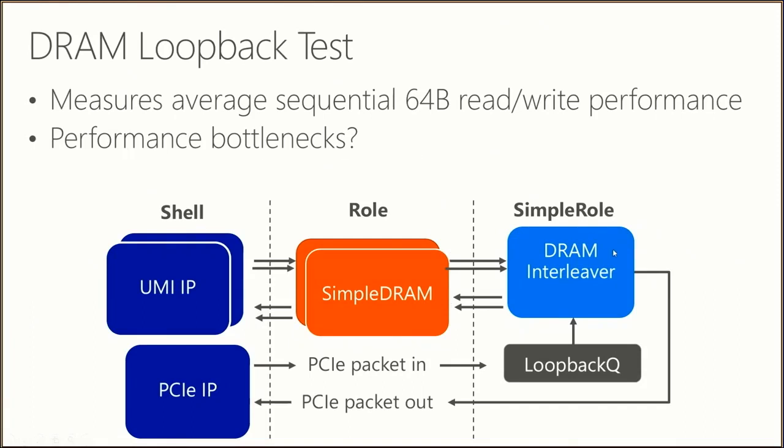The provided DRAM interleaver module actually sacrifices some performance. You can see it has only one input port. So to fully saturate both channels of memory, you need to design a dual-ported DRAM interleaver module, which is currently not provided.